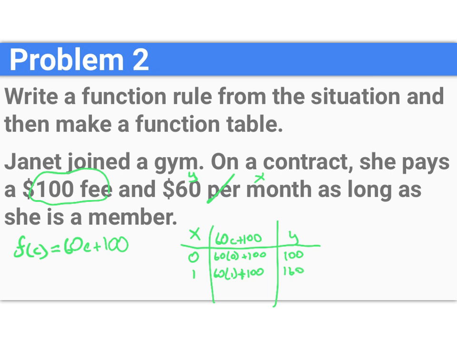So after month 1 is 160. 60 times 2 equals 120 plus 100 is 220, and so on and so forth. 60 times 3 is 180 plus 100 is 280, and that's what she will pay.